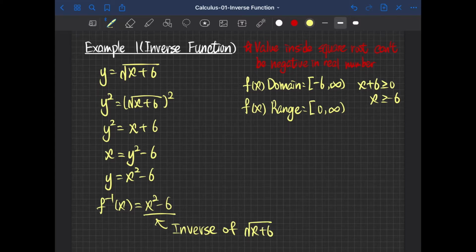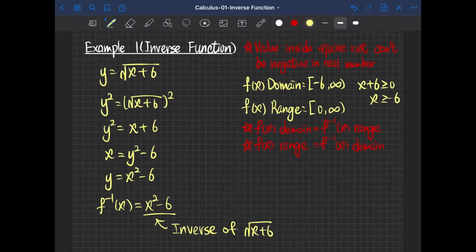And we find the domain and range of this inverse function now. Notice that the domain of the original function is equal to the range of the inverse function. And the range of the original function is equal to the domain of the inverse function.